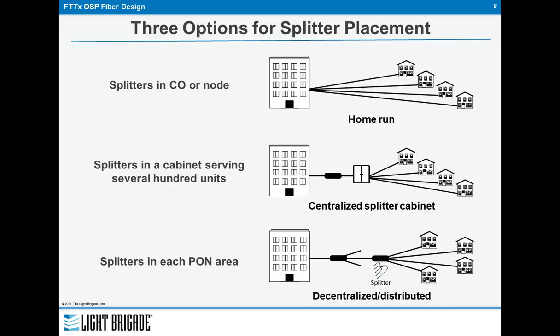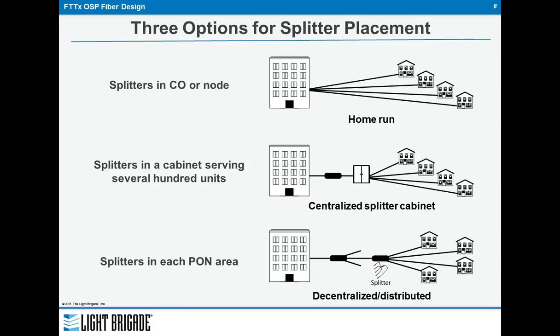The names that we give the three different passive options, home run, centralized, or decentralized, are determined by the physical location that we put the splitter. If we locate all of the splitters in our central office or node, we call that design home run.